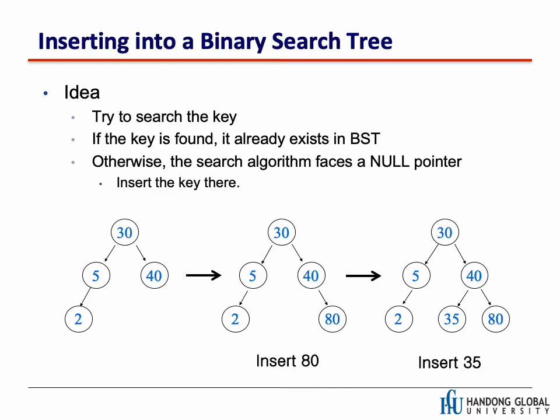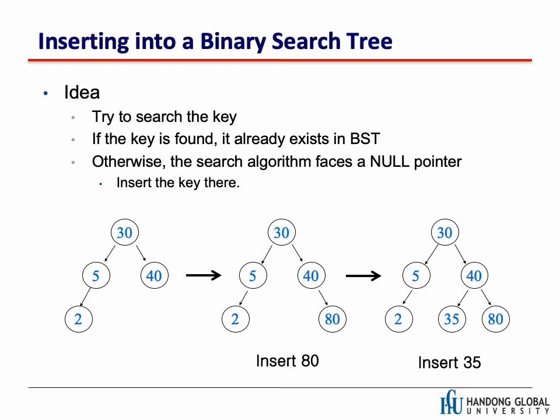First, try to search the key. If the key is found, then it already exists in the BST. Do you remember that one of the constraints of a BST says that the key is unique? So we cannot have the same key again and again. If the key is found, we cannot add that node, so we have to quit.